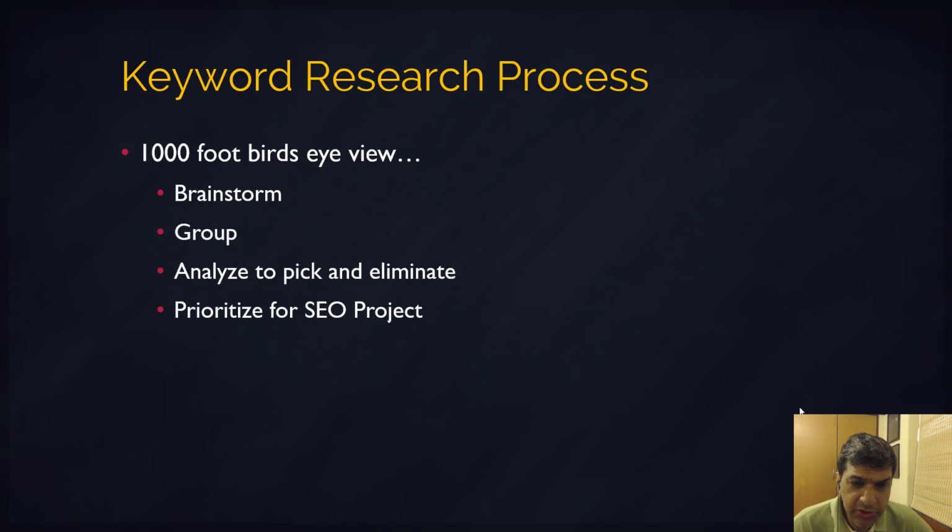Once you have all the keywords grouped in their different groups, based on them being similar semantically, you want to start analyzing the keywords within these groups. Which keywords have the most potential?